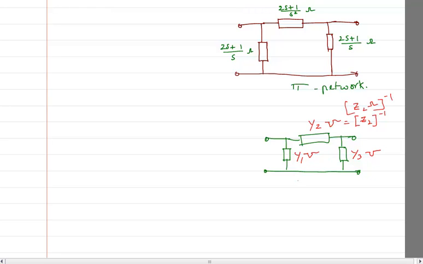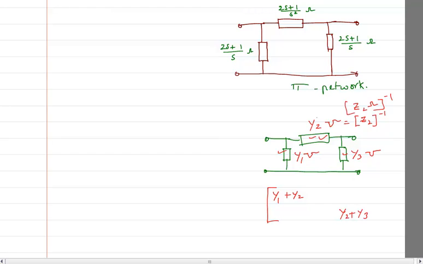Correct? What we have seen in the shortcut, in one of the worksheets, is that for a pi network, the value of the impedance basically is given by y1 plus y2, that means the addition of these two. Similarly, this corner is the addition of these two, which is y2 plus y3.